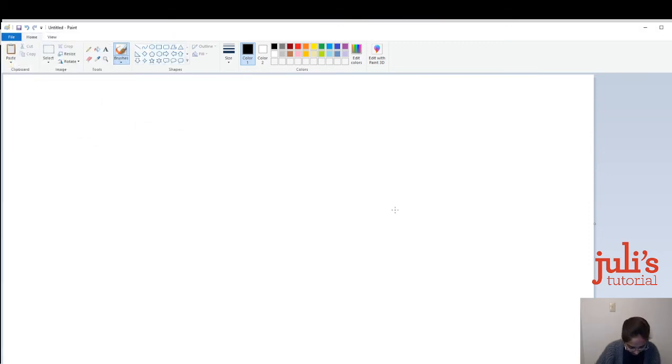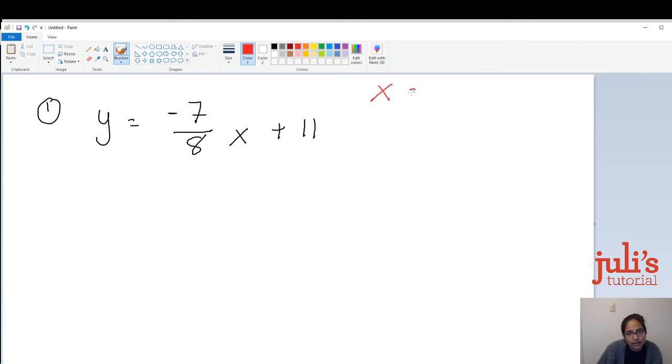Negative 7, 8x plus 11. So number 1, y equals negative 7 over 8x plus 11. And we're solving for x. So we have to get x by itself. The first thing we're going to do is subtract 11 from both sides.